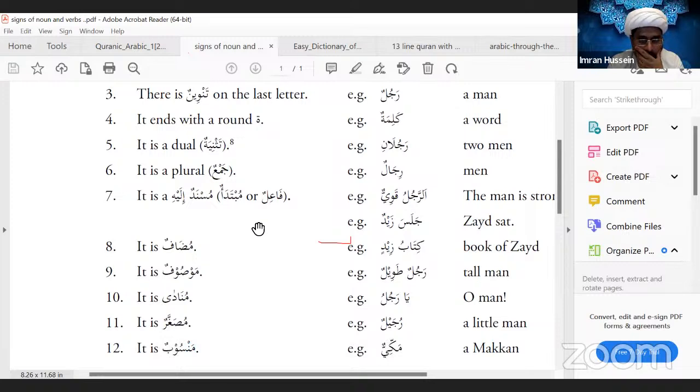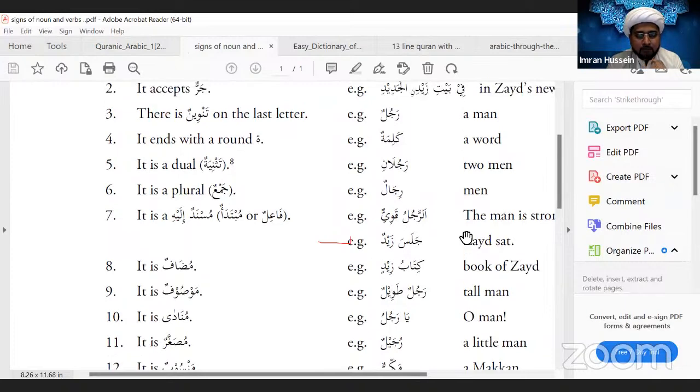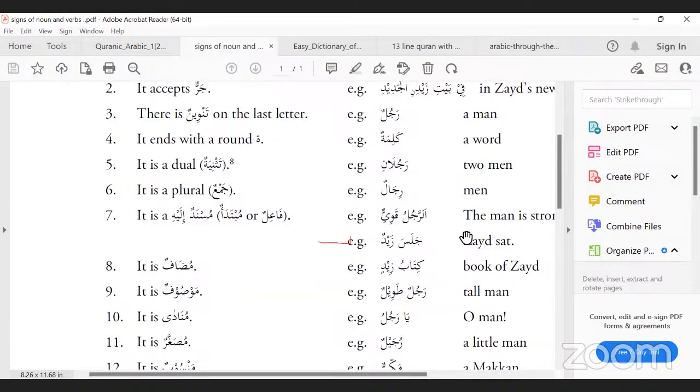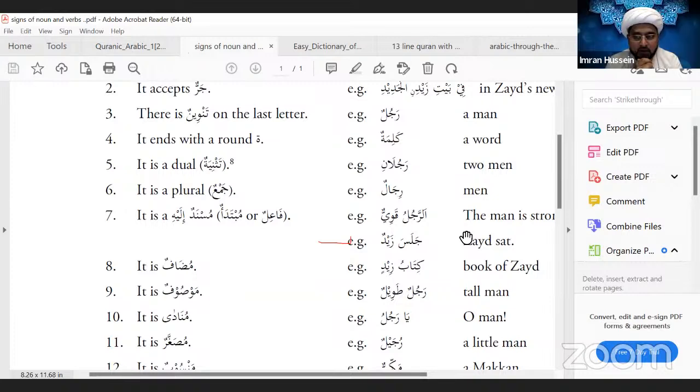What this means is that in the English language, if I said the man, or the Quran, or the Prophet, and then remained quiet, what do you understand from the sentence? Nothing, correct? You won't understand anything.